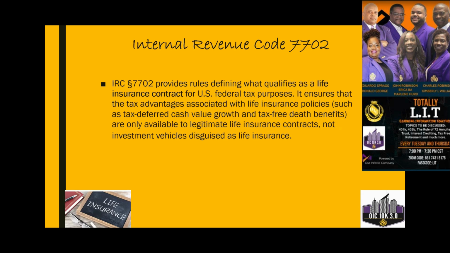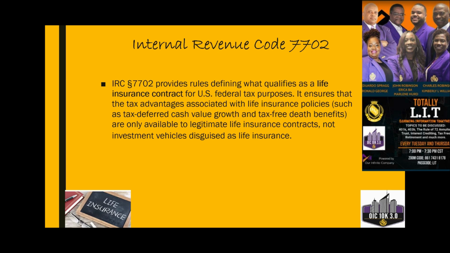So the Internal Revenue Code 7702 provides rules defining what qualifies as a life insurance contract. It's very important that we have a clear understanding and definitions, because when we understand something, we're able to apply it to our life and benefit from it.